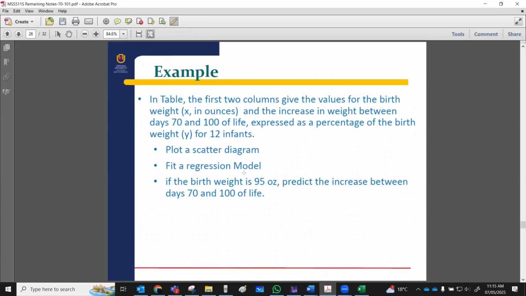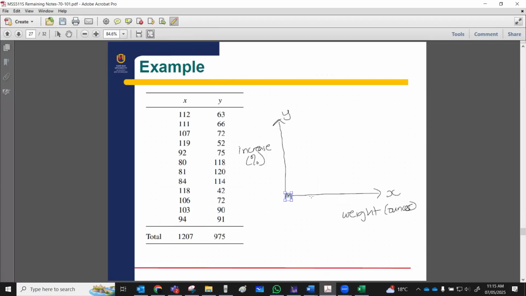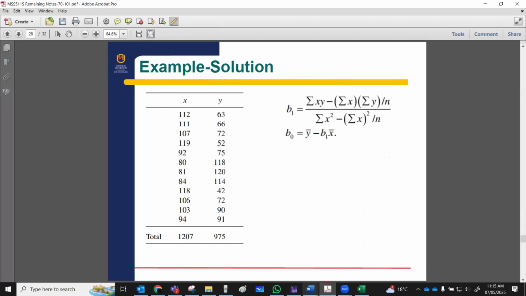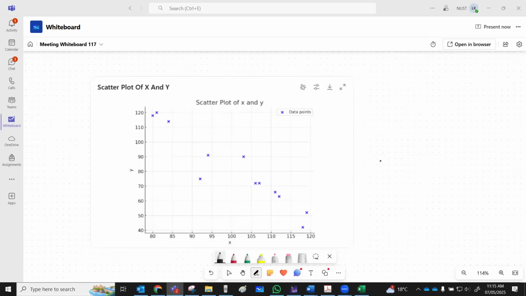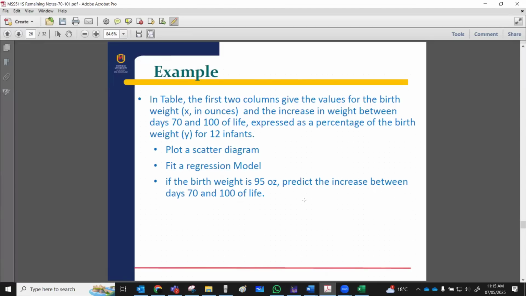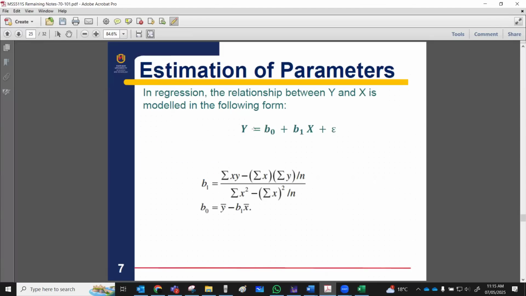Then it says fit a regression model. When it says fit a regression model, what that means is you need to come up with an equation. And the equation you are going to come up with is the equation that's over here. This equation, y is equal to b naught plus b1 x.